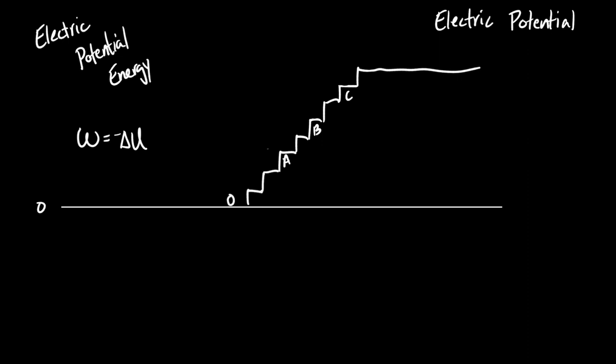Everyone in this room can agree with me that the same rock placed at A, B, or C has different amounts of energy. And we would all agree that C would be the location where there'd be the most energy if the rock was there, and A would be the location where it'd have the least amount of energy if the rock was there. You can describe A, B, and C as having gravitational potential.